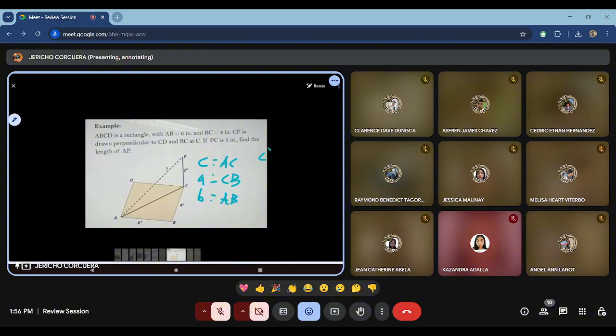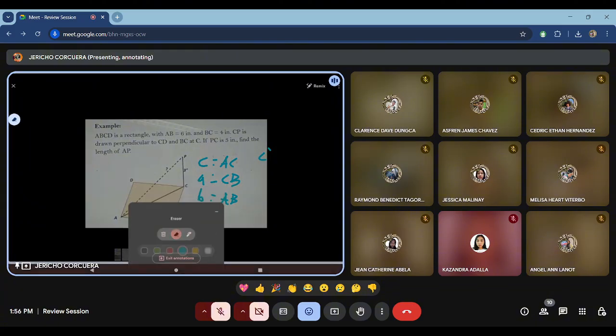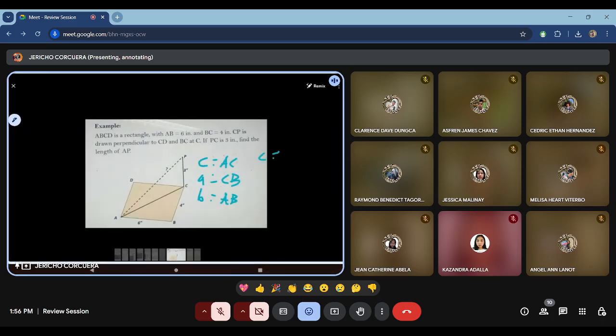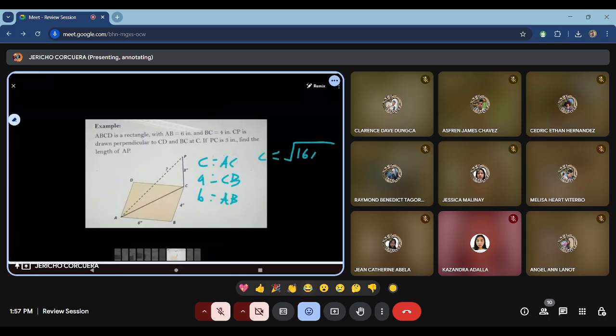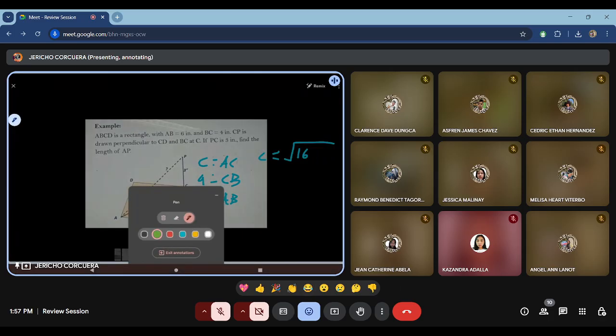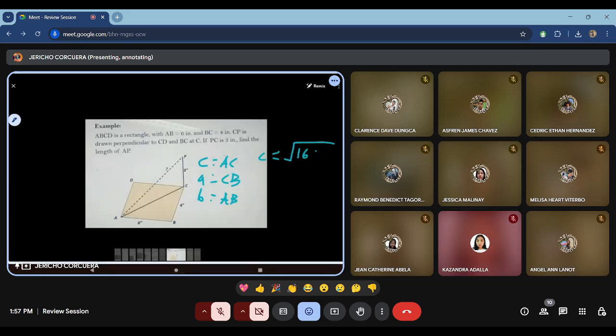So we will have it like this. C squared. Okay, I'll just do the short method na lang. Para mabilis tayo. Is equal to the square root of. Now let's write the squared form. So that's 16 plus 36. Ang gulo ng sulat ko. Mukha siyang multiplication. Pero addition po talaga yan. Plus 36.